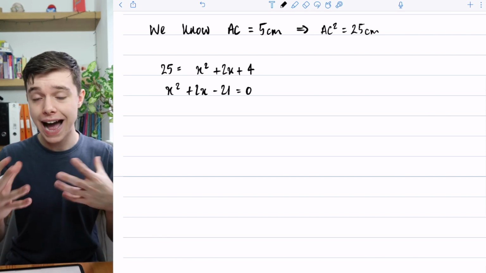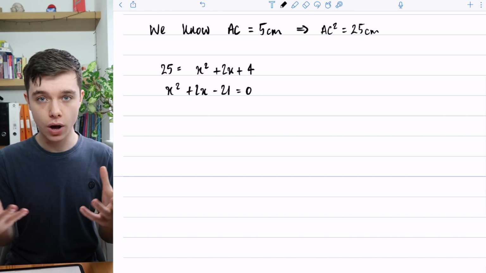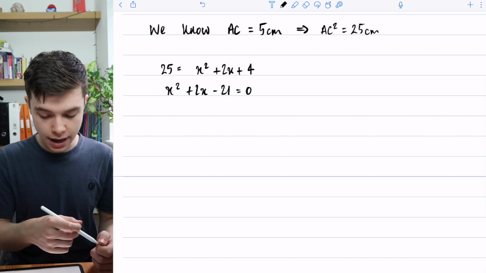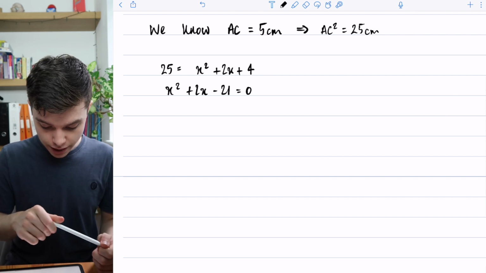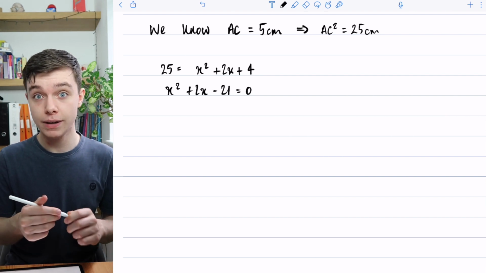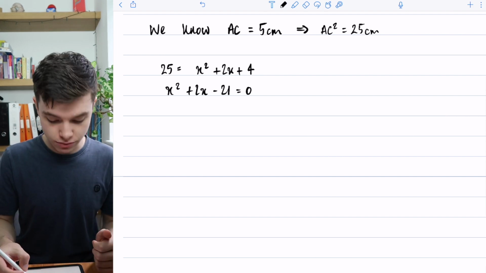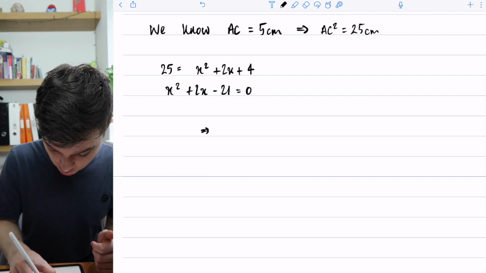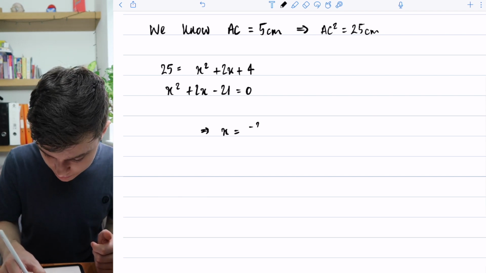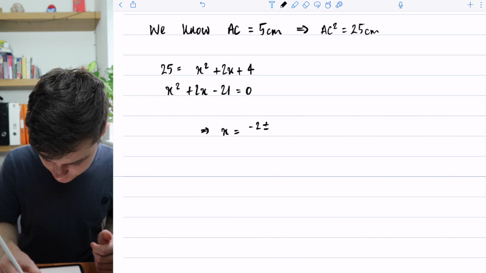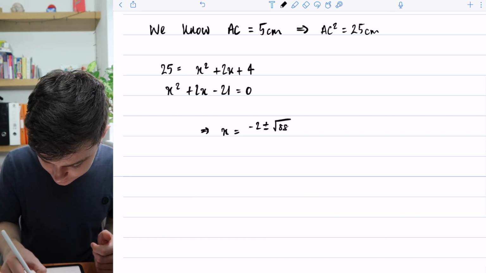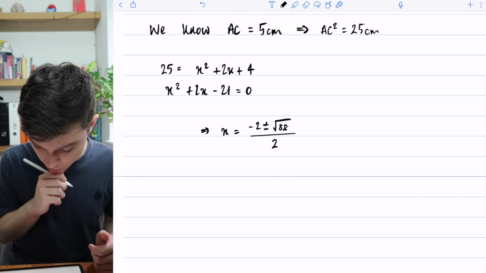Just solve it as you would usually with a normal quadratic, whatever method you like. Complete the square on it if you want to, but I'm just going to take the answer. Hopefully by now you can solve that quadratic. So when you do the solving, you get x is equal to minus 2 plus or minus the square root of 88 divided by 2, okay?